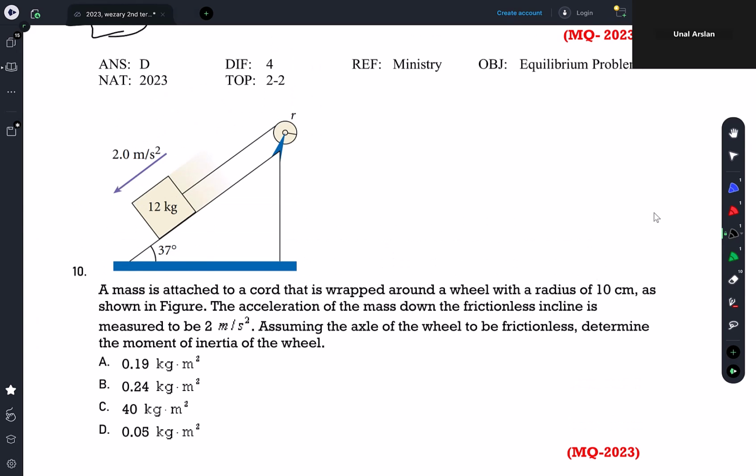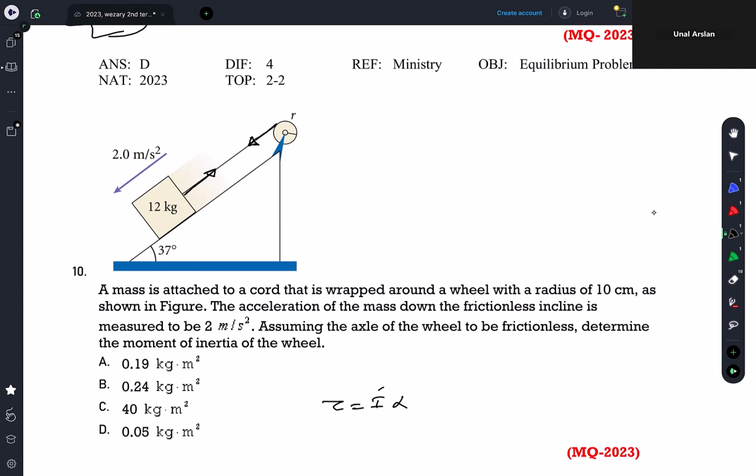So first we should calculate the tension in the string, because this tension produces the torque. To calculate the moment of inertia, there are two ways. We have to know the mass of this disc or pulley. It's not given, that's why we cannot use it. Another way is torque equals I times alpha.